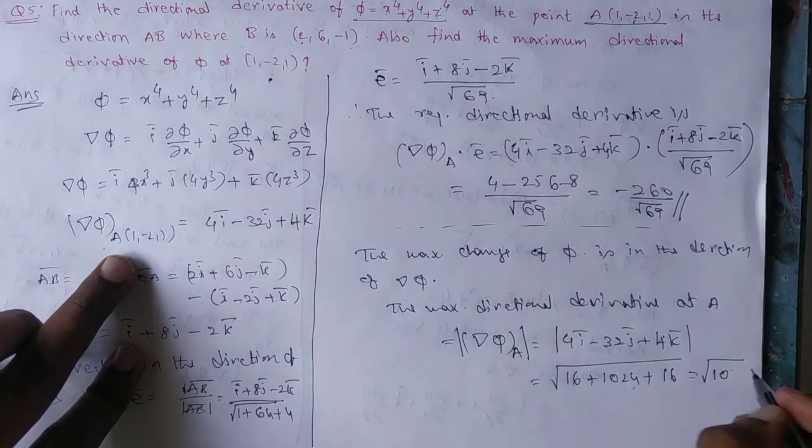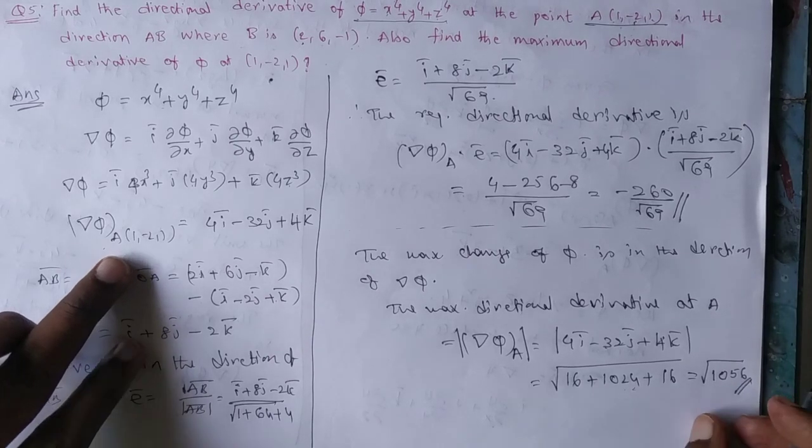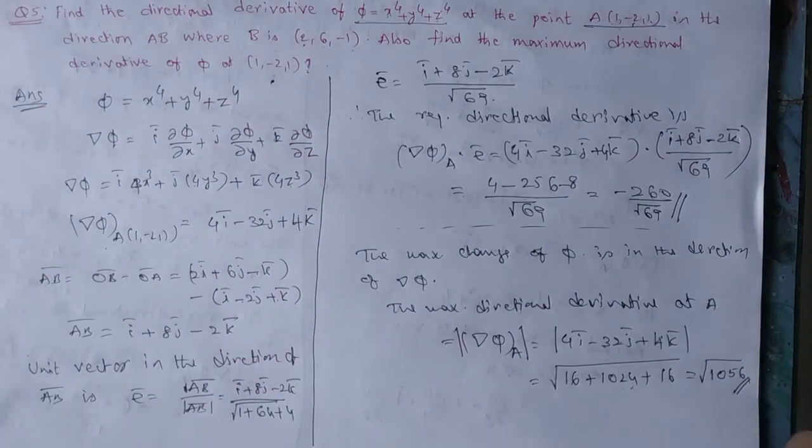So this is the maximum value of the directional derivative at that point of the function phi at that point (1, -2, 1).